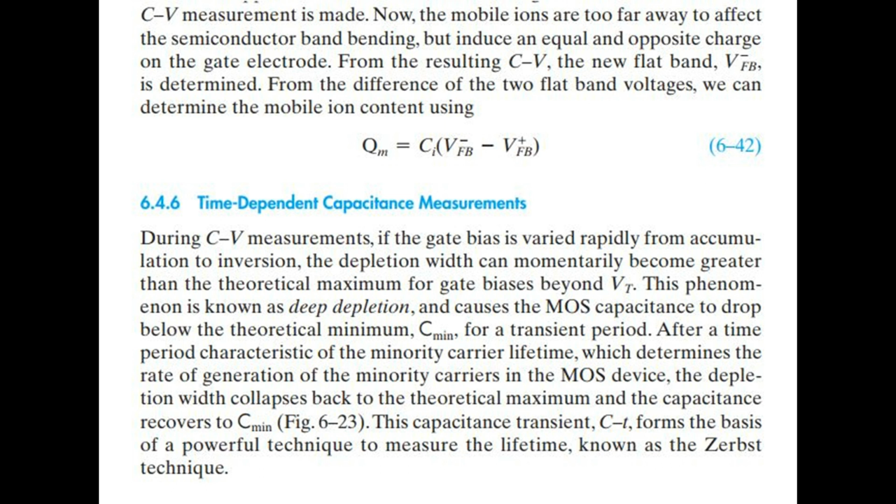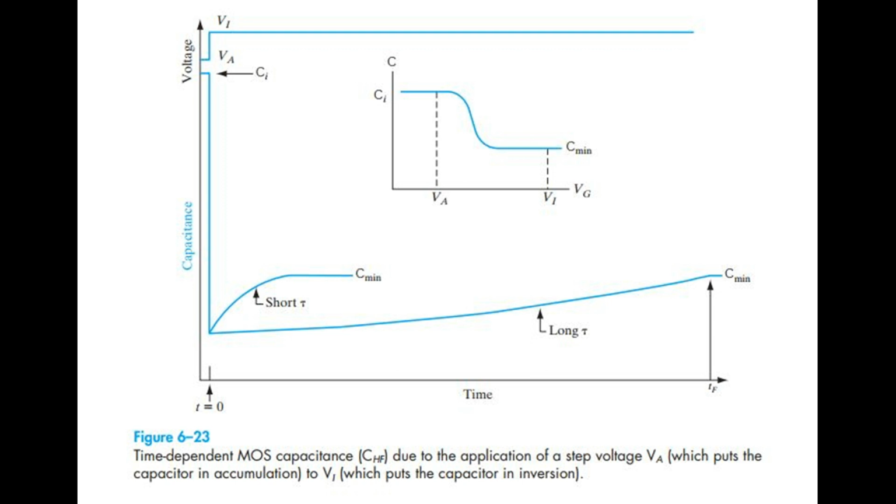After a time period characteristic of the minority carrier lifetime, which determines the rate of generation of the minority carriers in the MOS device, the depletion width collapses back to the theoretical maximum and the capacitance recovers to Cmin, Fig 623. This capacitance transient, C-t, forms the basis of a powerful technique to measure the lifetime, known as the Zerbst technique.